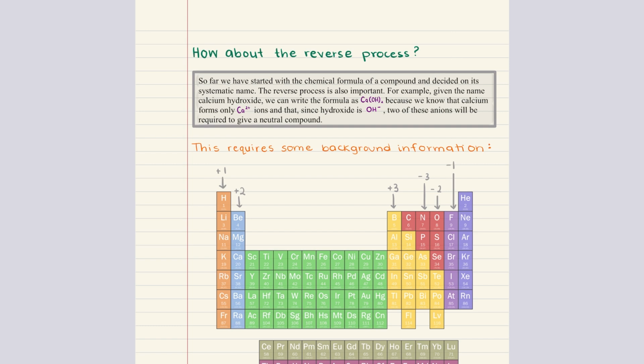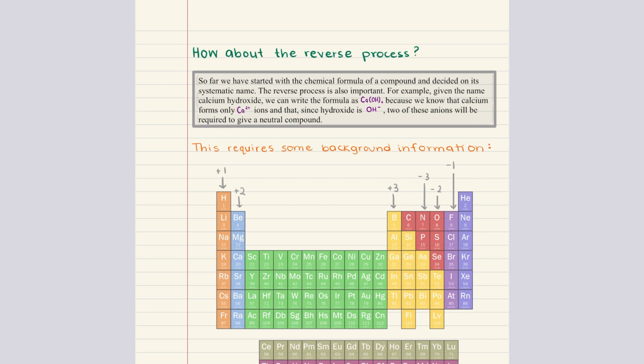To determine the formula of an ionic compound, we need to recall an important rule. Ionic compounds must be electrically neutral. That means that the total positive charge from the cations must exactly balance the negative charge from the anions.